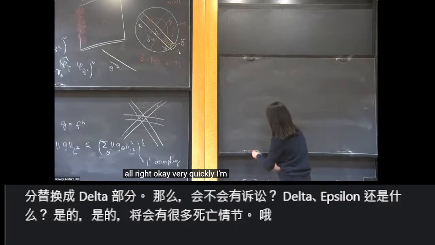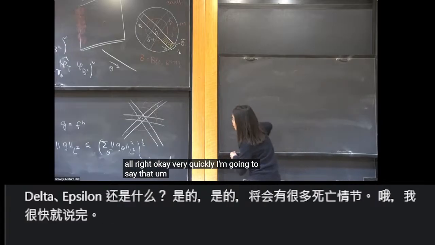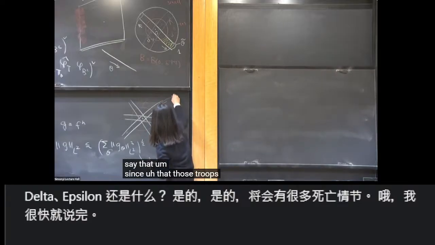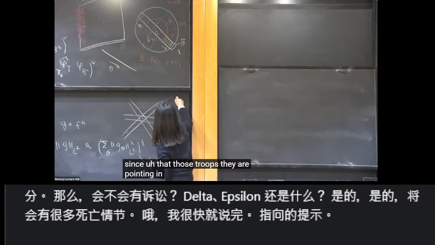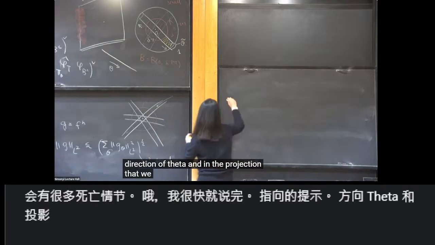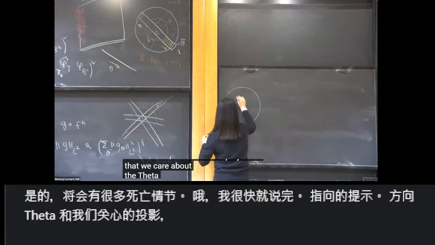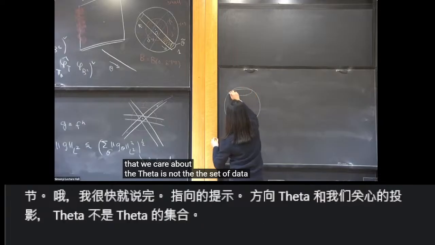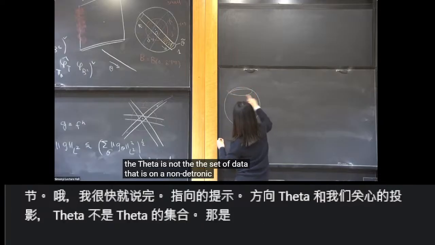Very quickly, I'm going to say that since those tubes are pointing in direction theta, and in the projection that we care about, theta is the set of theta that is on a non-degenerate curve.